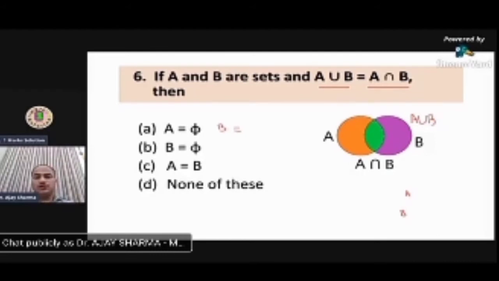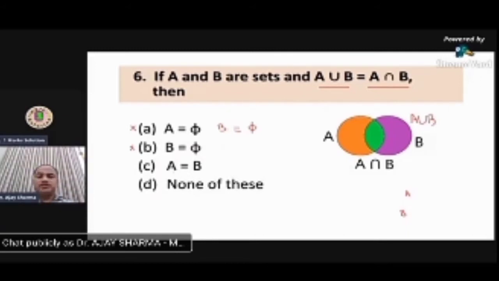If we put A equal to phi, the intersection of phi with B is nothing but the phi set. So RHS will be phi. This is not equal, so the equality does not hold and this cannot be possible. This option is wrong. Similarly, when we put B equal to phi, it also doesn't come correct. This is also wrong.